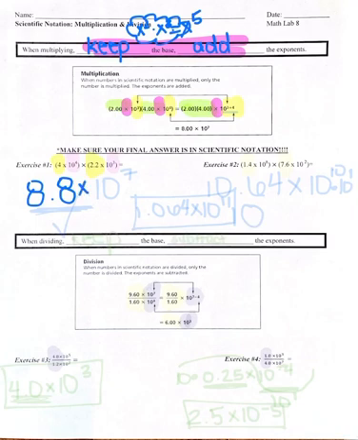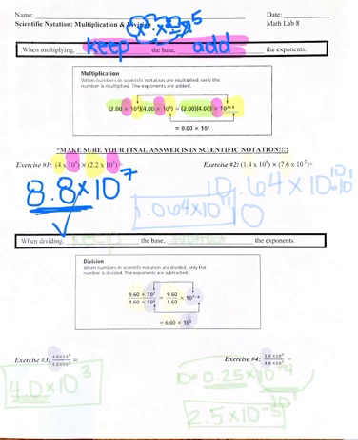And now we're going to worry about the 10 to the fourth and the 10 to the third. So again, just like regular exponents, we're going to keep that 10 the same when we're multiplying them, and we're going to add those exponents. So 4 plus 3 is 7. Since this number in the front here is between 1 and 9.9, then we're good. We're in proper scientific notation, and that could be our answer.